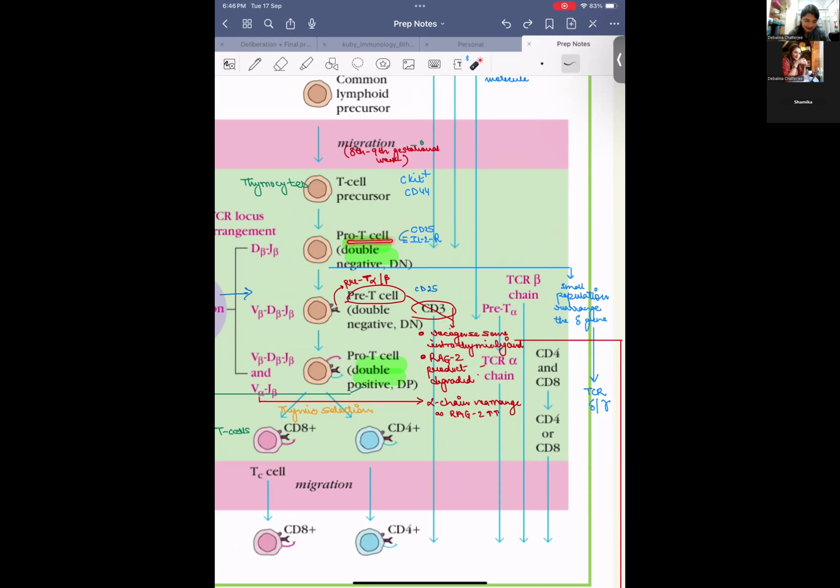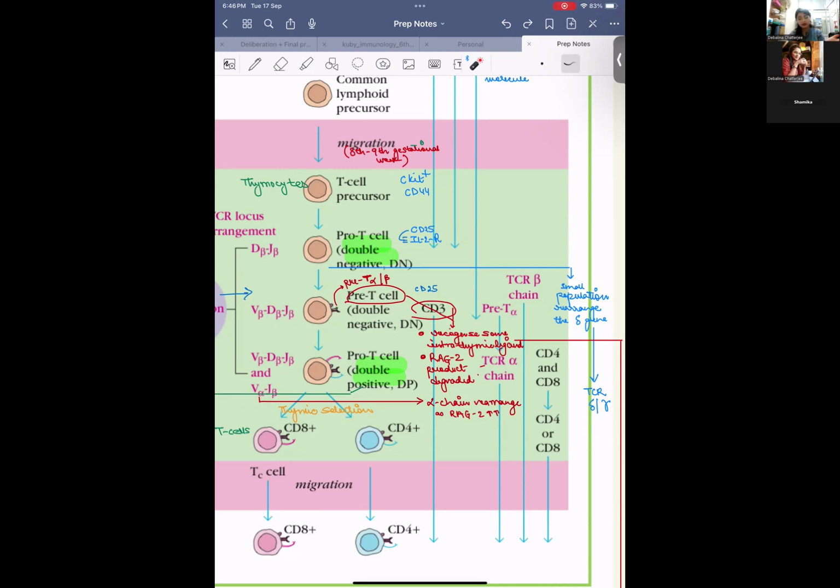So the pro-T cell here, instead of productively rearranging its beta chains, if both the alleles of beta chain fail to rearrange properly, we then have its delta chain, the delta gene, that gets a chance to enter the recombination event. If the delta gene enters recombination, what associates further instead of alpha is the gamma chain, and we saw that the alpha and the gamma genes are arranged in a manner in the same chromosome, that if alpha has formed, the gamma gene has been spliced off.